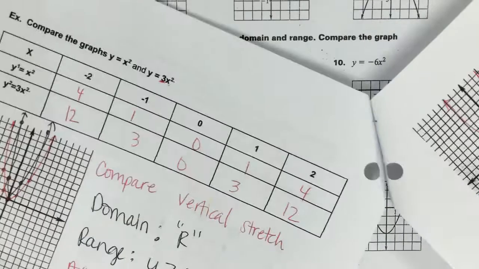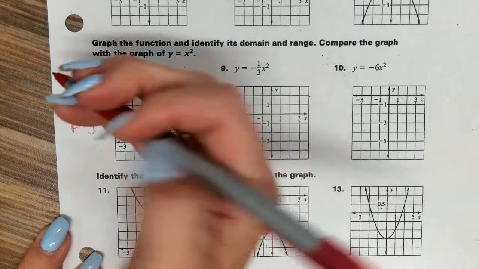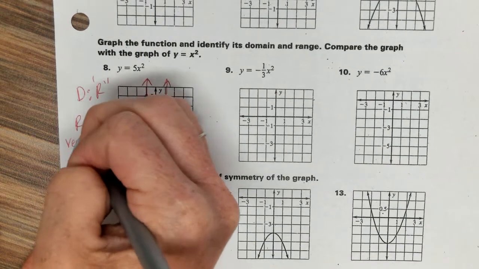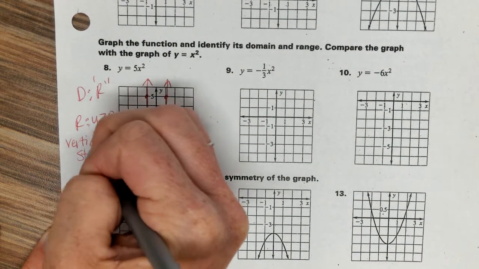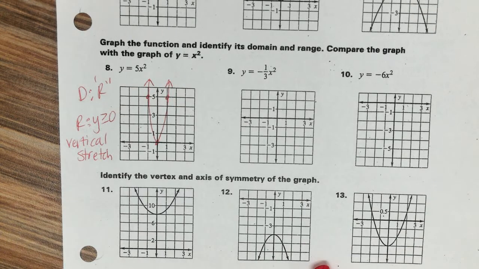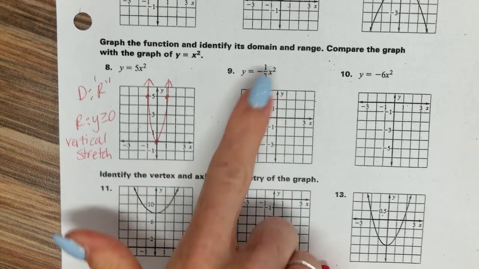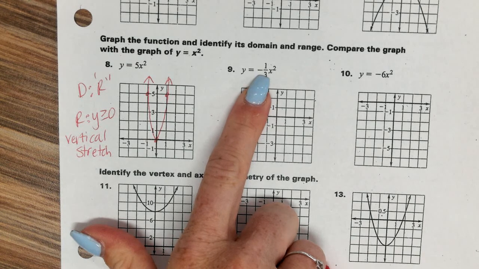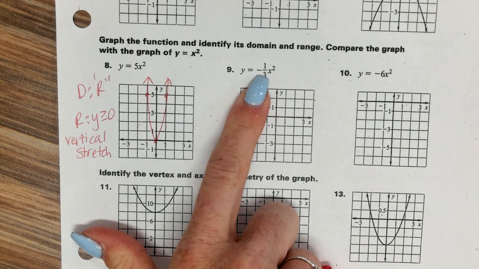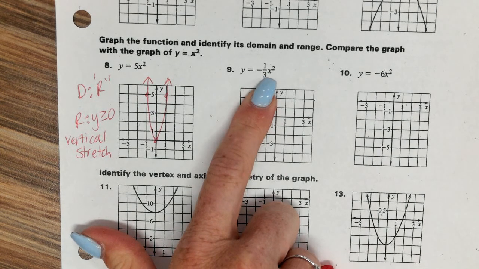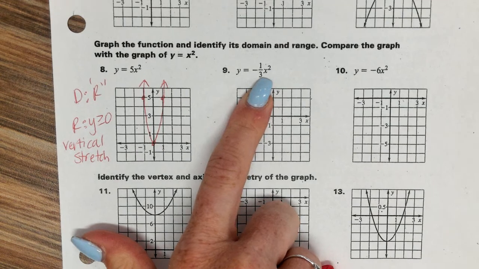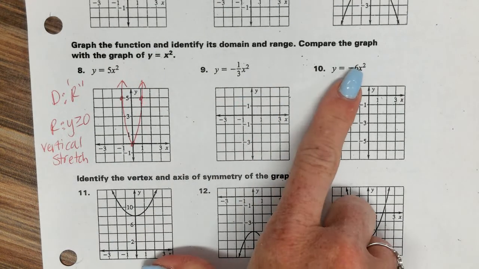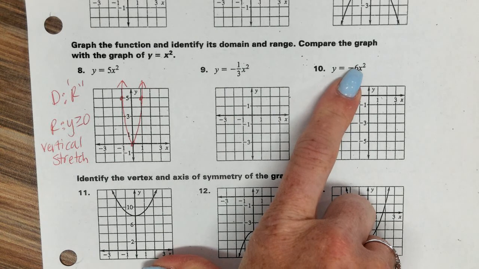Yeah, you can kind of look at your notes. So this would be a vertical stretch. And that's it. It didn't flip it across the x-axis or anything. This one's going to flip it, isn't it? Because of that negative, right? And that's going to be a horizontal stretch. This one's going to be a flip and a vertical stretch.